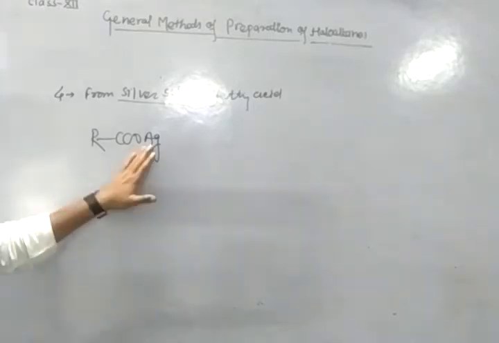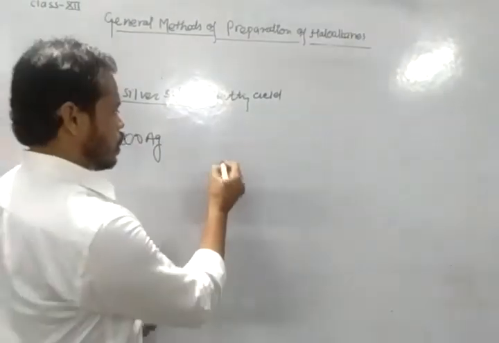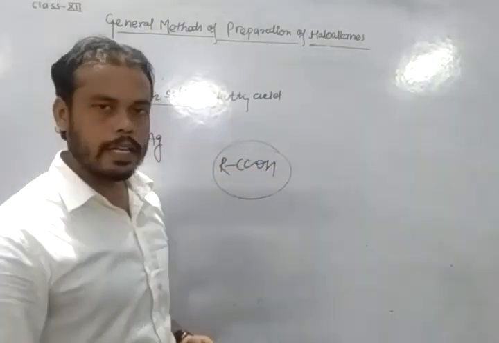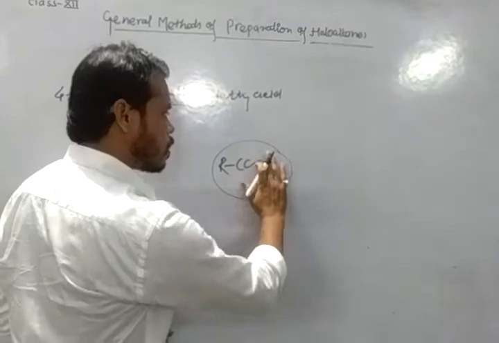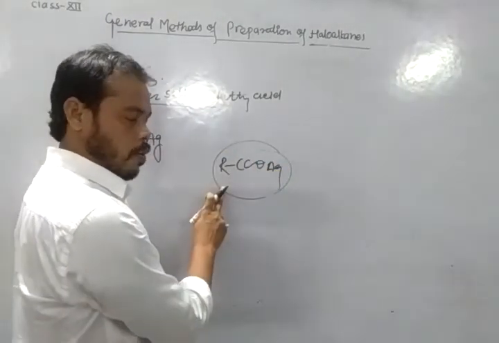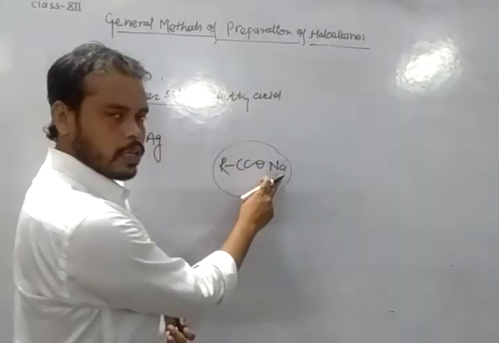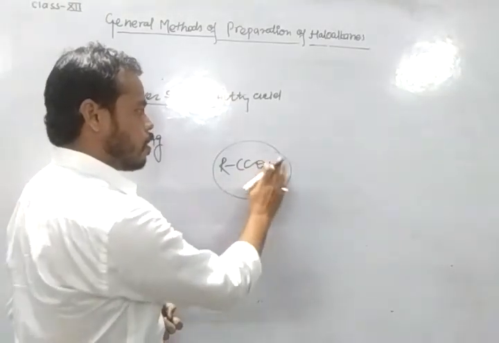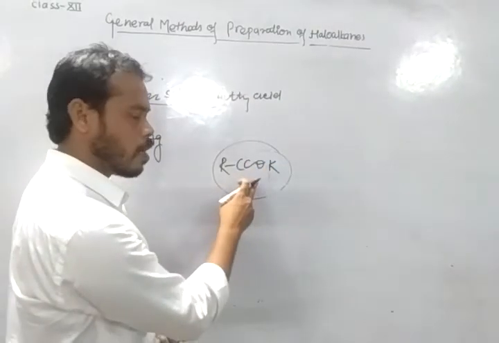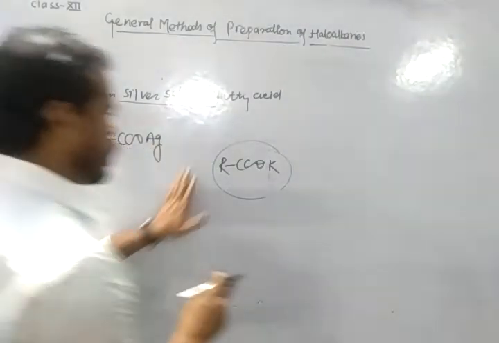This is known as the silver salt of fatty acid because all carboxylic acids like RCOOH are known as fatty acids, and when hydrogen is replaced by Ag it is known as the silver salt of fatty acid. When hydrogen is replaced by sodium it is known as the sodium salt of fatty acid. When hydrogen is replaced by potassium it is known as the potassium salt of fatty acid.